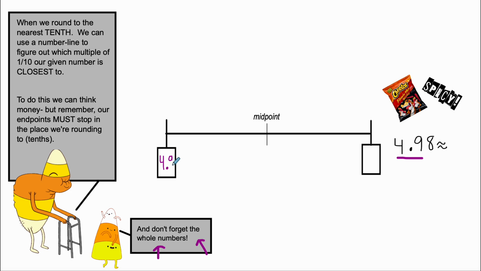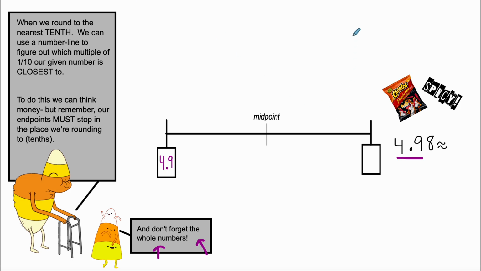4 and 9/10 plus one more tenth would be 4 and 10/10? Huh. 4 and 10/10. What's that another name for? Well, I know 10/10 is one whole. 1 plus 4 is 5. 5 and 0/10.